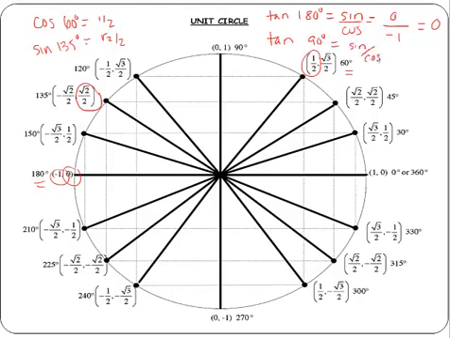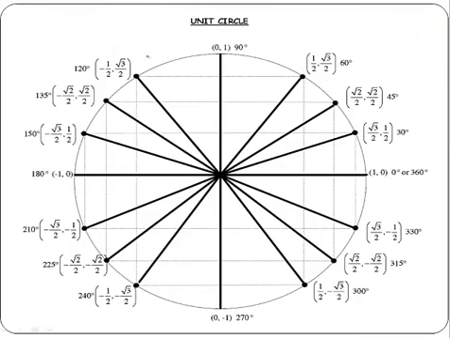Again, it's sine over cosine. Here's 90. The sine is the second number, 1. The cosine is the first number. That is undefined, and if you try to do it in your calculator, it actually says error. It's impossible to find.